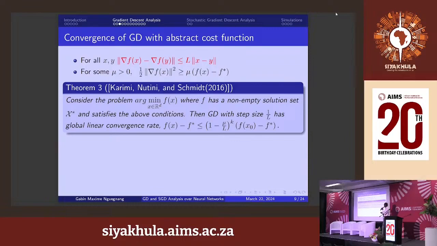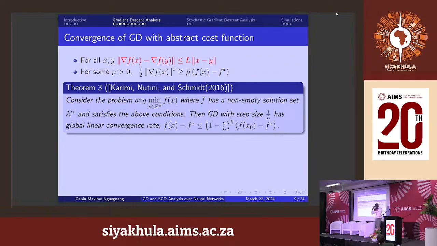And this is the Polyak-Lojasiewicz condition that is also widely used in optimization to establish results. So with that, Karimi and his collaborators established this result with this step size. We could obtain the convergence of gradient descent for minimizing a non-convex function.